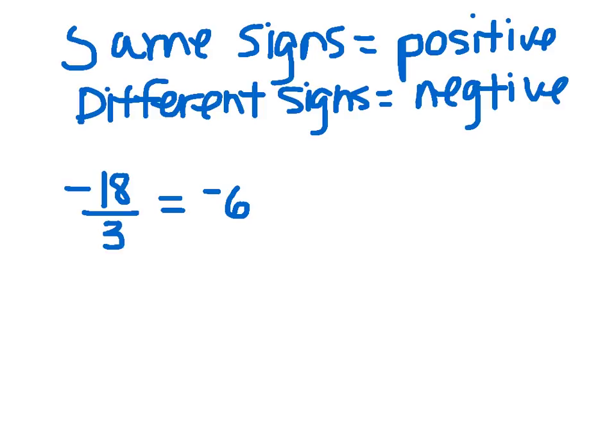The problems will often look like this with a fraction bar. You simply divide, as you would with positive numbers, and then if they have different signs, it will be negative. If they have the same signs, it will be positive. So negative 9 divided by negative 3 is, 9 divided by 3 is 3. Same signs give a positive answer.